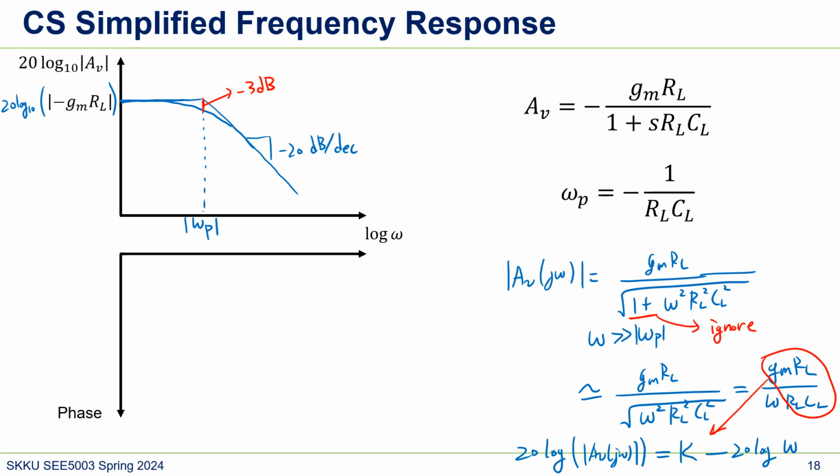That's why after a certain frequency, larger than WP, our gain has a slope of minus 20 dB per decade.